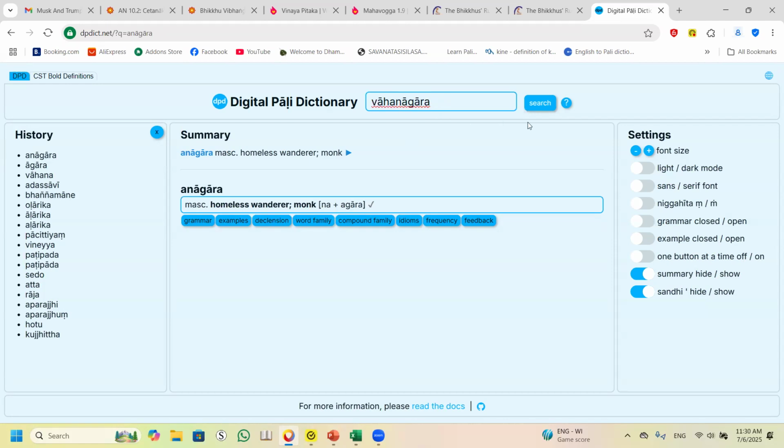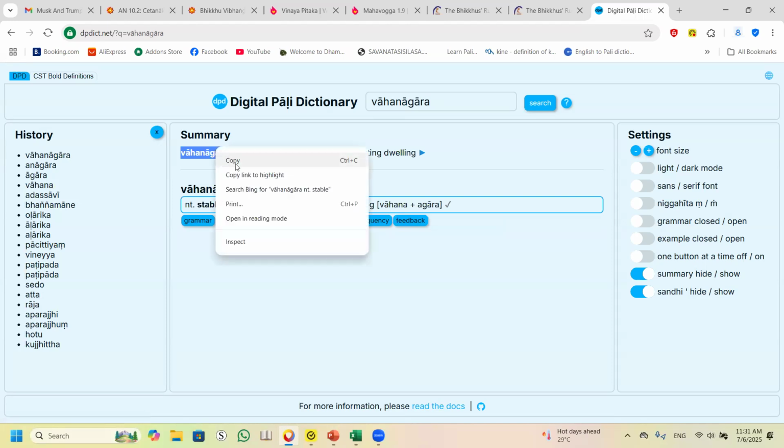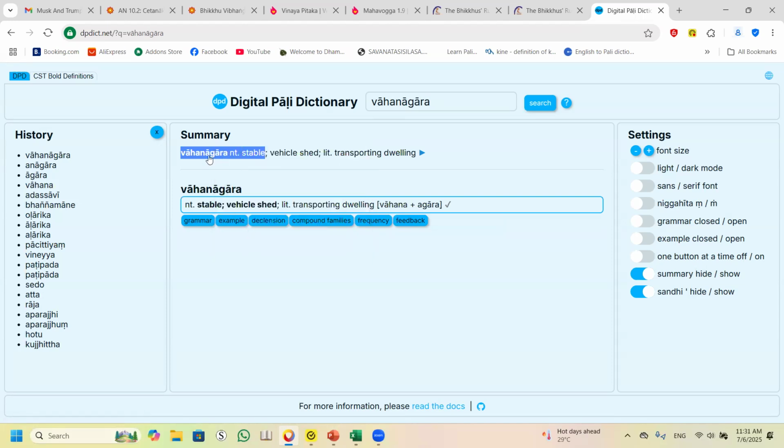I didn't see whether it was house vehicle, stable or not. It's a poem. You see here, you join it together. This is the one I changed to garage. Now I remember. Vahana stable, stable is garage. Horse stable, I think vehicle stable.